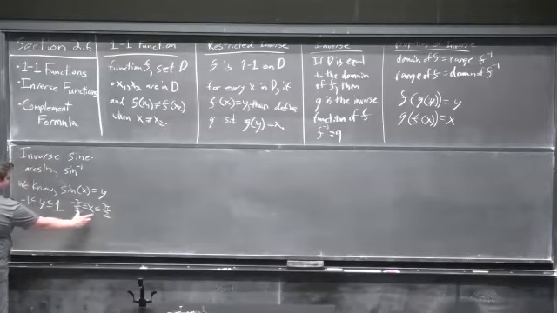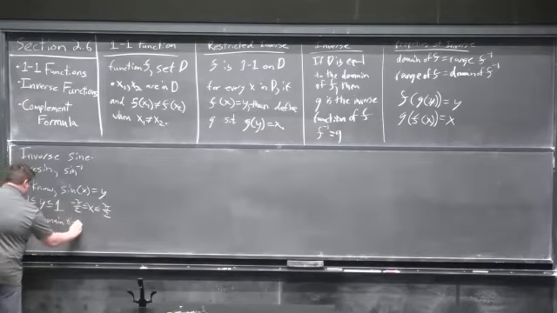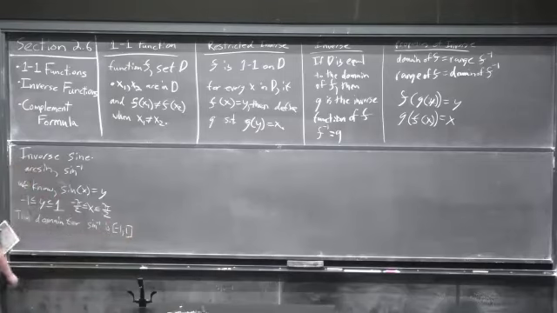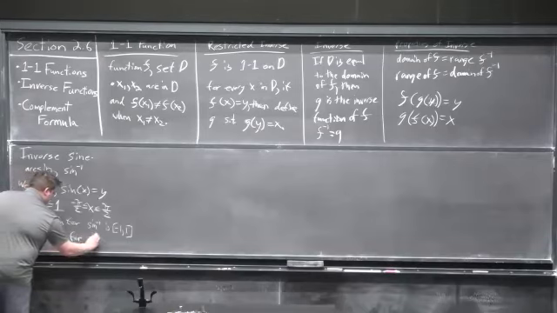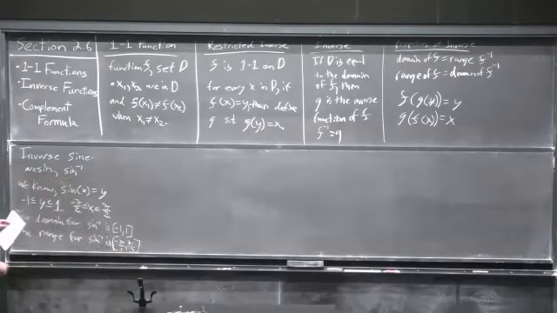So now, if this is our restricted domain, and this is our range for sine, we're going to take the inverse of it and say that the domain for sine inverse is -1 to 1, and the range for sine inverse is -pi/2 to pi/2, inclusive.